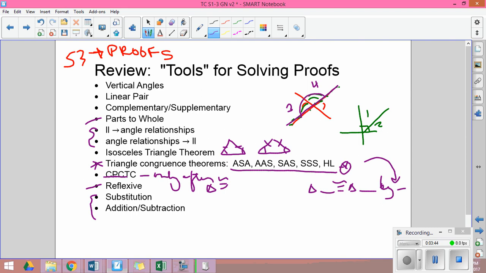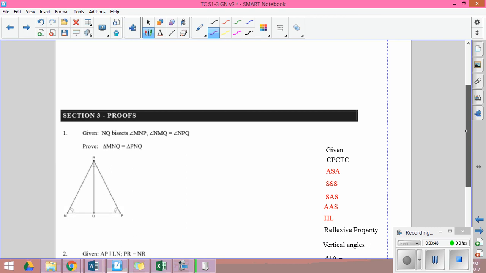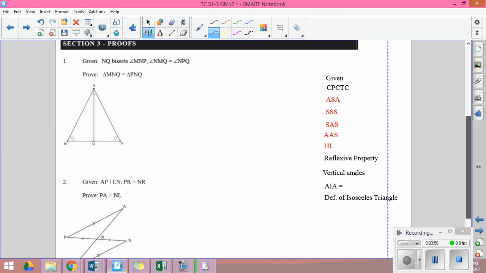So let's go ahead and look at some examples. Remember, geometry is a pattern, not a formula. And so you are going to start seeing some patterns emerge. Like if I have a series of equations, I'm probably going to do a substitution.